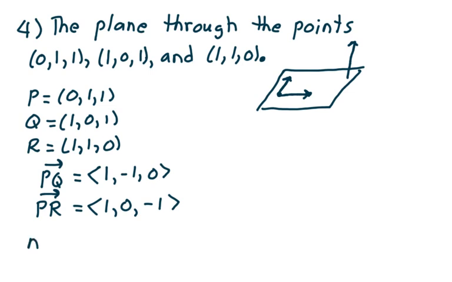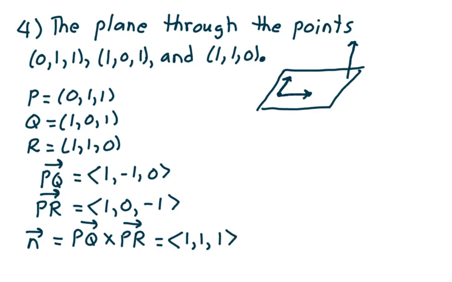And so my normal, which is PQ cross PR, the cross product of those 2 vectors, I claim is going to be the vector (1, 1, 1). Okay? So now my normal is (1, 1, 1).